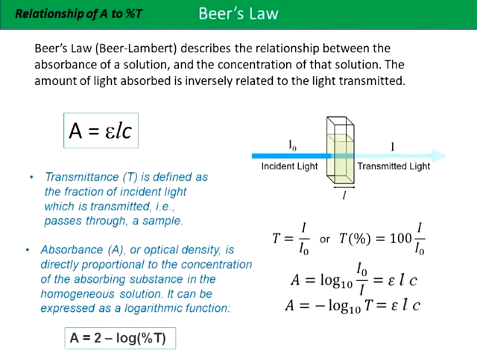Therefore, the percent T will equal 100 times that ratio of transmitted light to incident light. Because we know the relationship between absorptivity and transmittance, we can set up a series of other equalities to derive various useful forms of the Beer's Law equation.